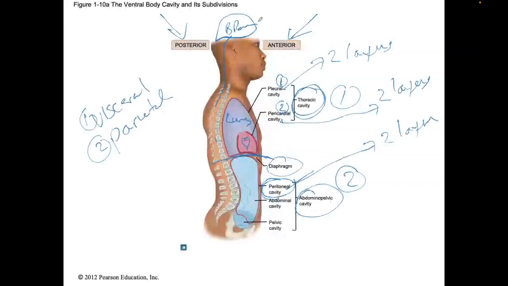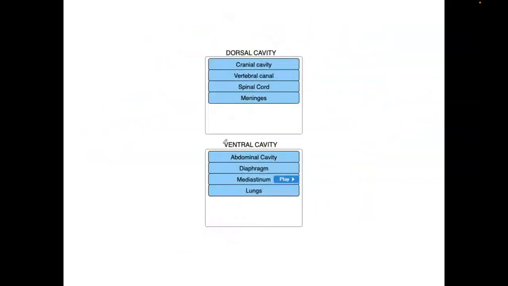So when we look at posterior, remember this is dorsal. We look at anterior, that's the same as ventral. So now it goes to a drag and drop. Under dorsal cavity, we have the cranial cavity for the skull and the brain, the vertebral cavity for the spinal cord, and the meninges. So all of these things are found in the back.